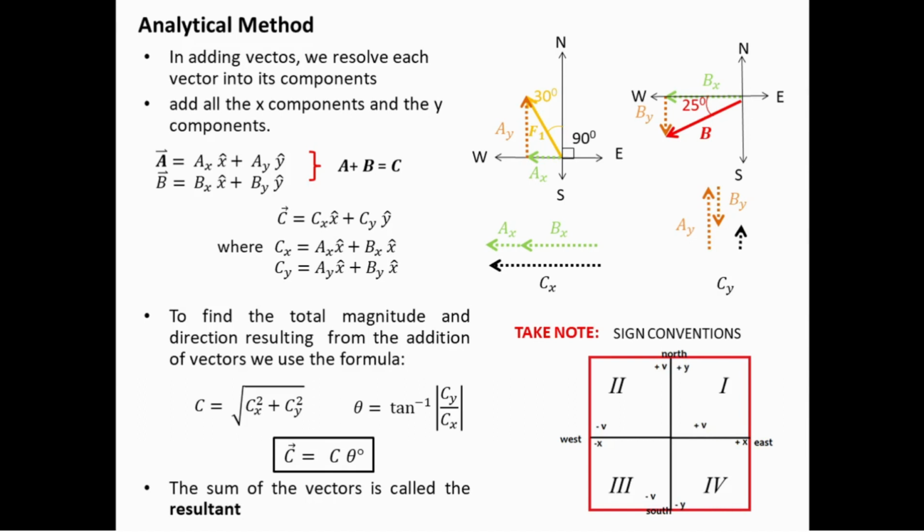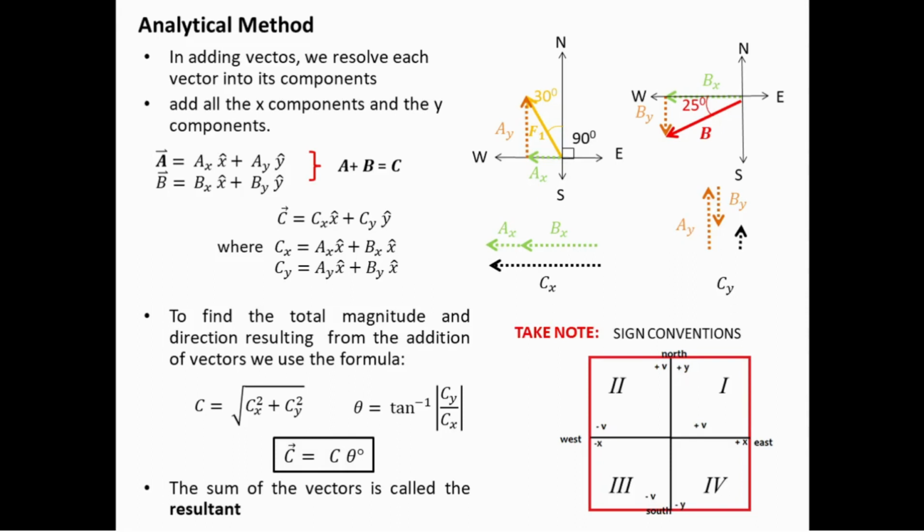First, you have to take note that in adding vectors, we resolve each vector into its components first. You should learn that first, which is why I introduced you to finding the x component and the y component of the vectors, because you cannot add vectors if you do not know how to get the x component and the y component of the vector.